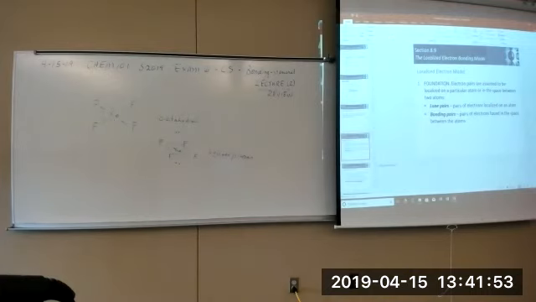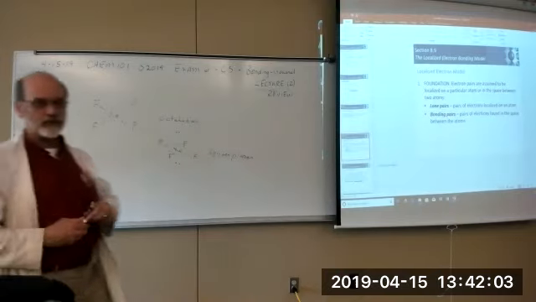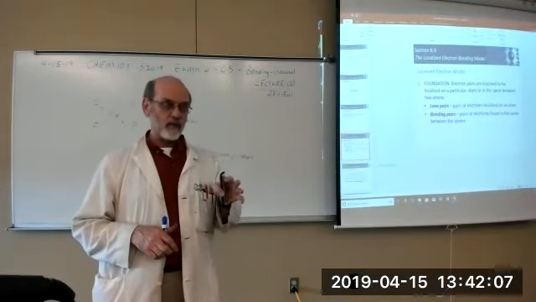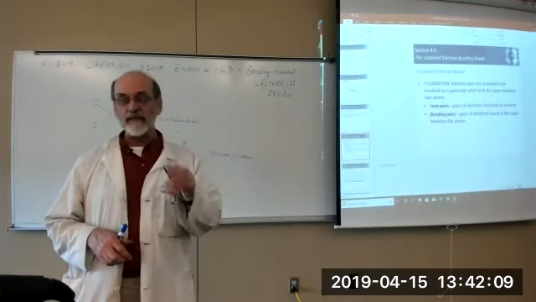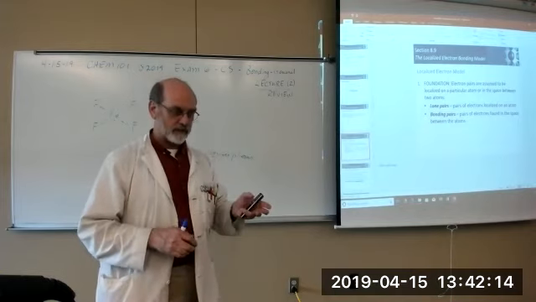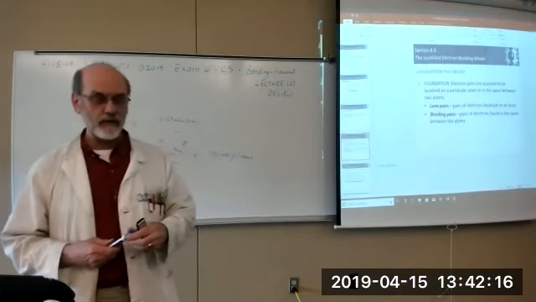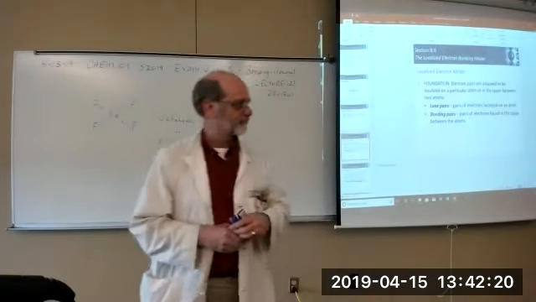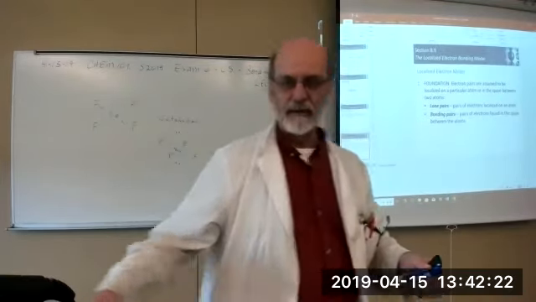Any labs? See if I'm missing any labs. Missing a lot of labs. You better check to be sure if you've got a returned lab. Better still go on Blackboard and look at your grades. If you don't have a grade in there for your lab, then it's missing. And you've got some time, but eventually I'll have to stick a 0 there if I don't see anything. Word to the wise. Bye-bye.